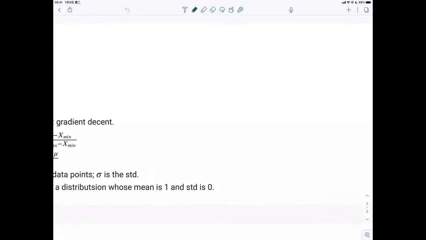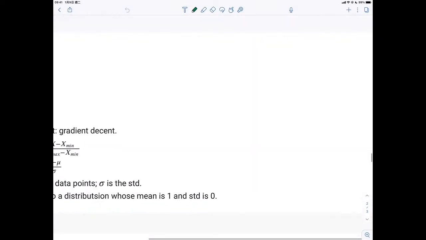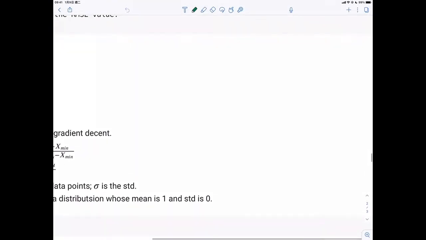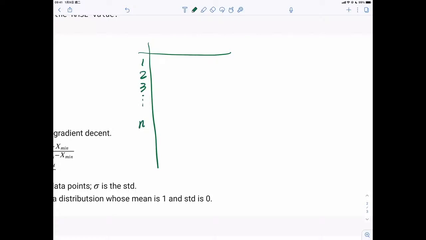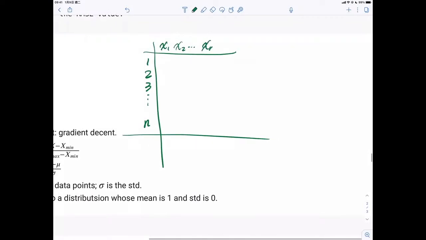So basically, when we talk about a model, we're talking about wanting to have a model to represent our data. For example, we have a bunch of data right here, and as we mentioned before, we have a lot of features. For example, if we have n features, we use a big X to represent all those features.